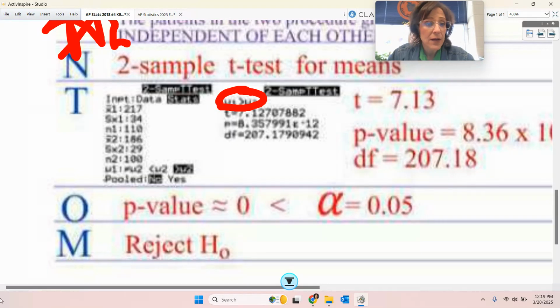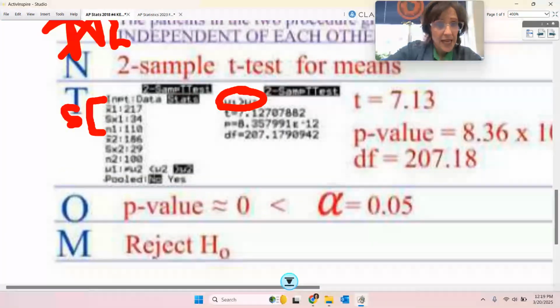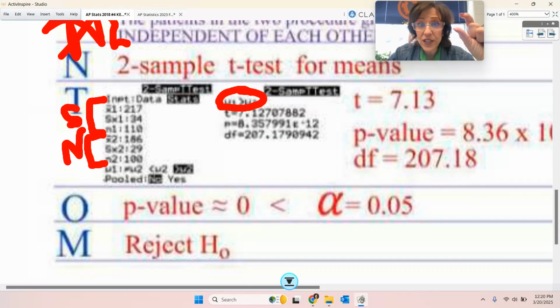Okay? All right. So I have the mean and standard deviation of the first set of data, that was the standard. And then I have the mean, standard deviation, and sample size of the new. So I put the standard in first and the new in second. And so they were seeing, is the new reduced? So is the second one lower than the first?